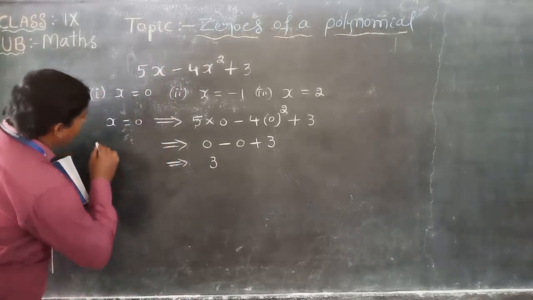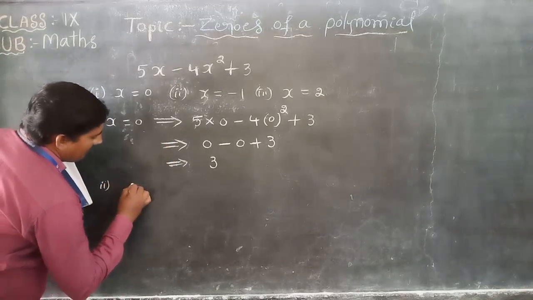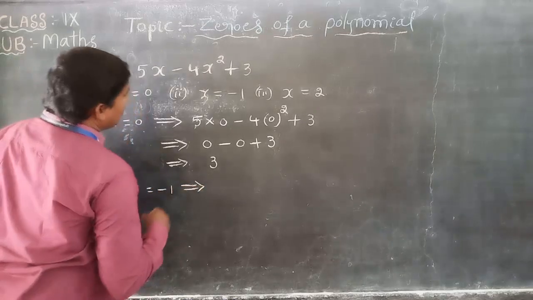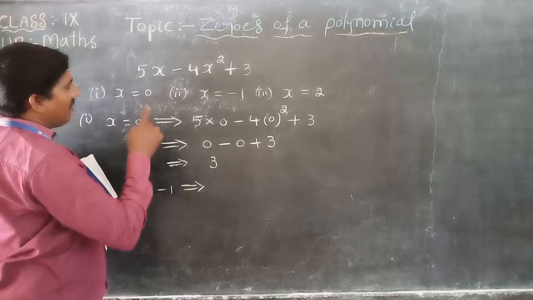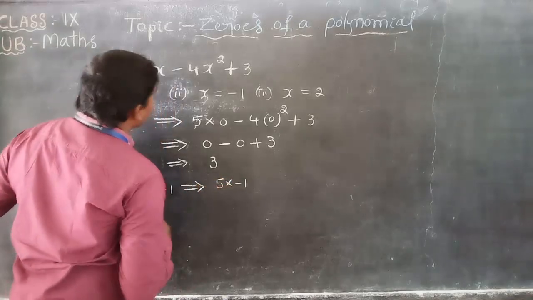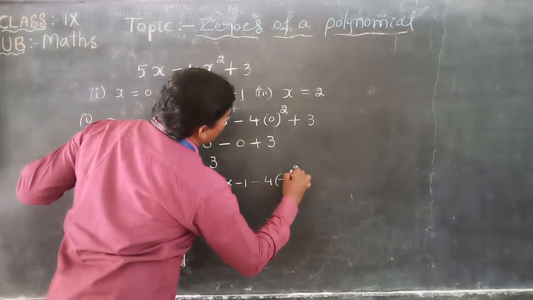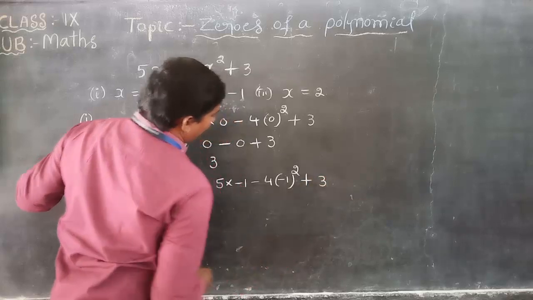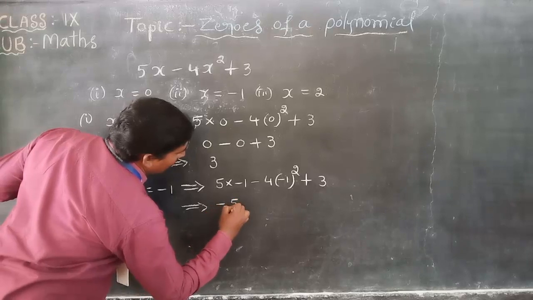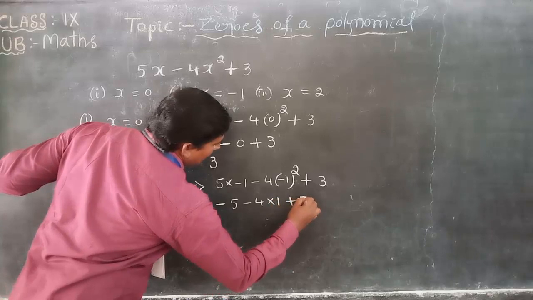Now x is equal to minus 1. Substitute minus 1 in the place of x: 5 into minus 1 minus 4 into minus 1 whole square plus 3. 5 into minus 1 is minus 5. Minus 4 into 1 plus 3.